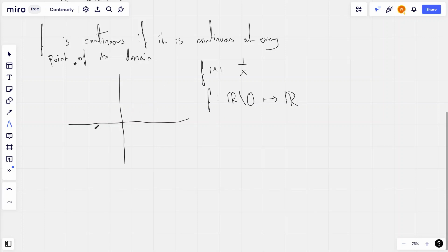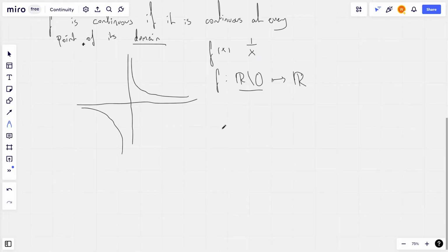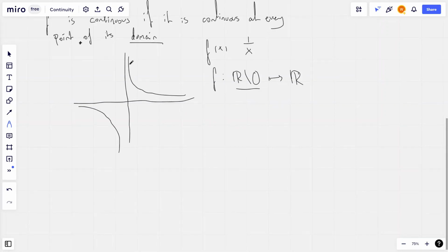Maybe you can already see where this is going, but if we draw 1 over x, we have this here, and we have this here. Now it might be tempting to say that our 1 over x can't be continuous because we have this gap here. However, we said that it has to be continuous at every point of its domain. This domain does not include 0, and so our 1 over x is actually continuous despite this discontinuity at x equals 0.